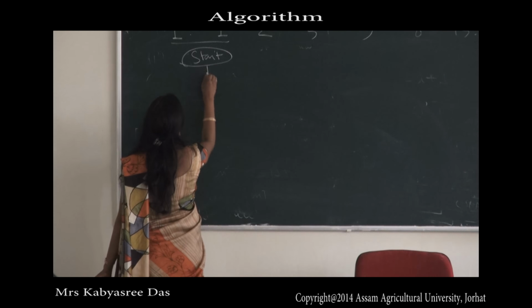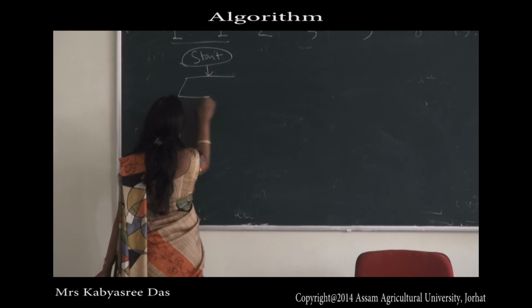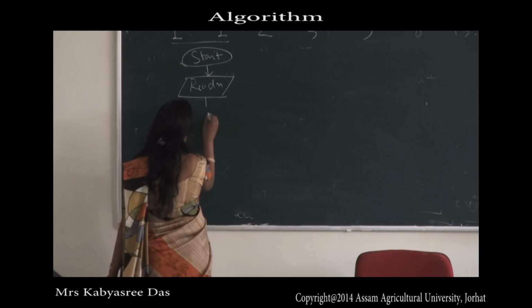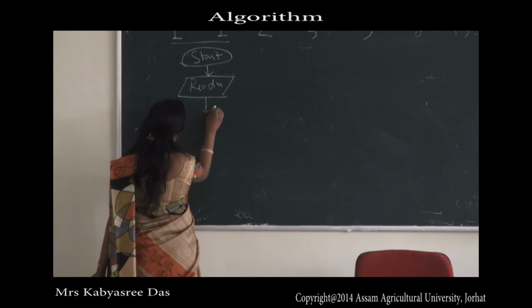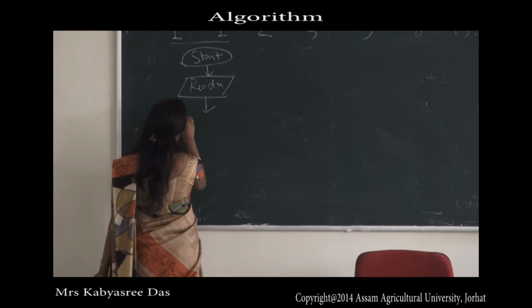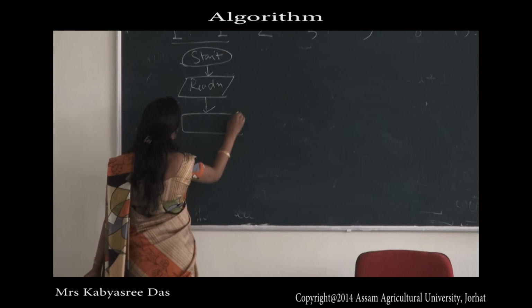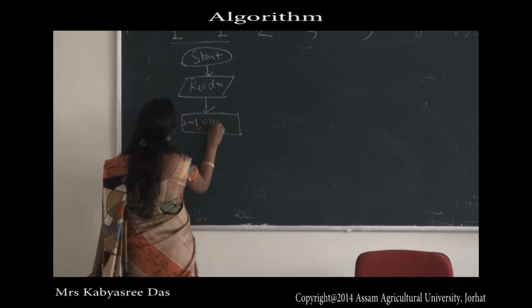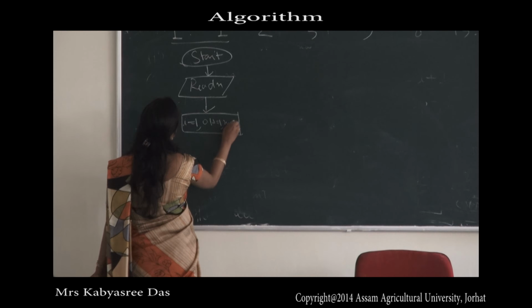This is start. Read n, then I is equal to 1, old is equal to 1 and new is equal to 1.